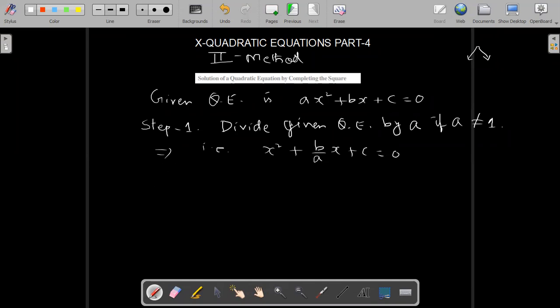Okay. In step 2, I am telling you a very easy way. Here you can add and subtract.